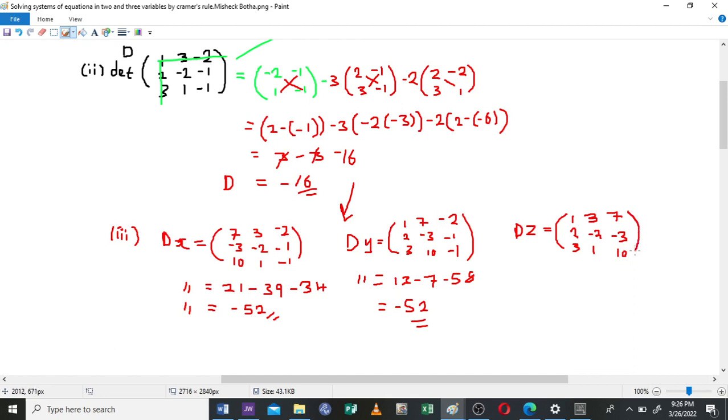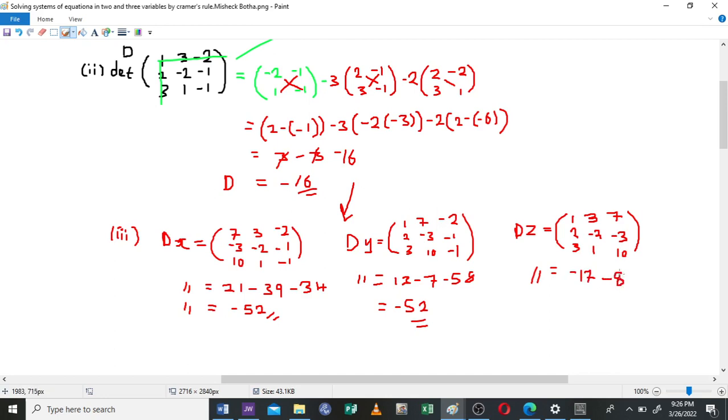Now solving the determinant of this matrix, using the same procedure, the determinant of matrix dz is going to give us negative 17, right? Yes, if you calculate that, you're going to get negative 17.